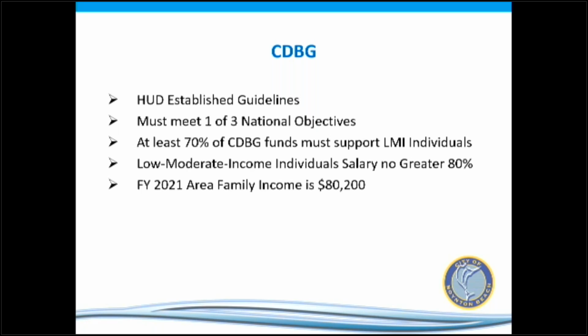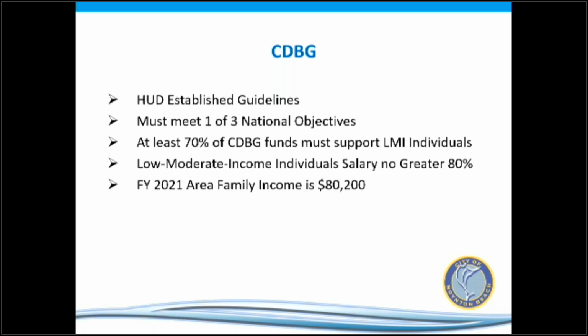One of the guidelines for that program is that any project or activity taken on with these CDBG funds has to meet one of the national objectives. I want to go into a little more detail about the national objectives, and also that the activities and projects taken on with these CDBG grants have to serve what is called low to moderate income individuals.